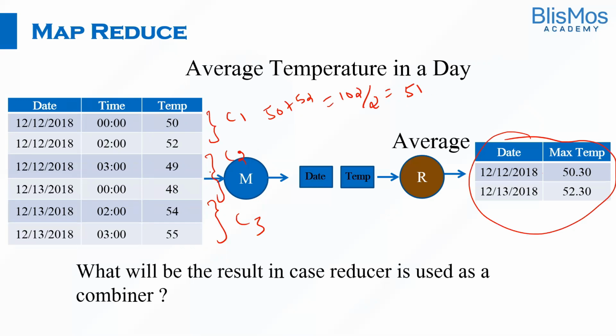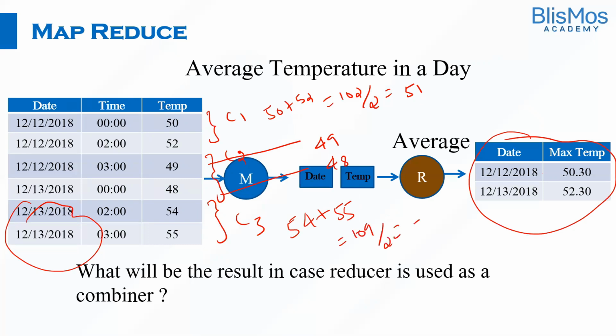Then here will be 49 for the date of 12, and here 48. Now both of them are from the same date, so the combiner will combine that. 54 plus 55 is 109 by 2 is 54.5. Remember, these are the results from the combiner.